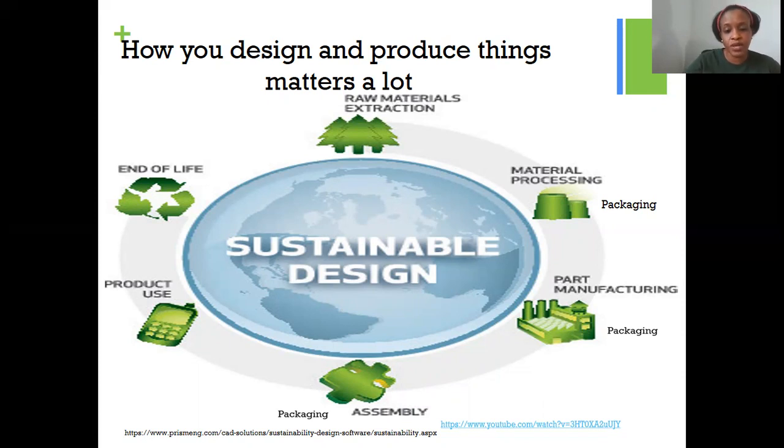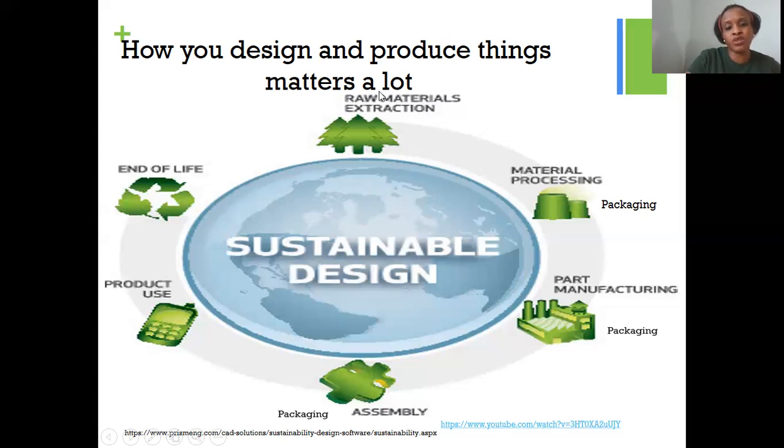So let's look at how aluminum is processed and ends up in cell phones. For raw material extraction for aluminum, we would be extracting bauxite. Bauxite is a natural metal ore found in abundance in different parts of the world.